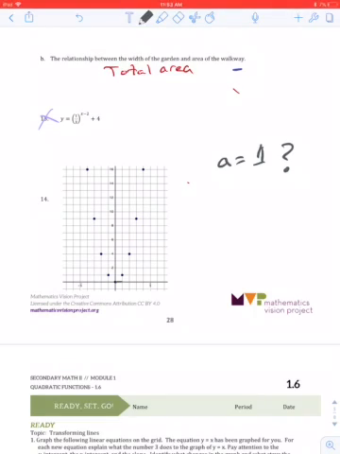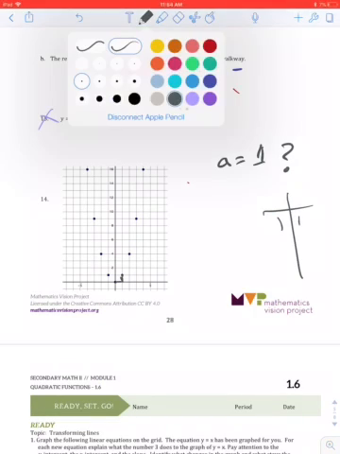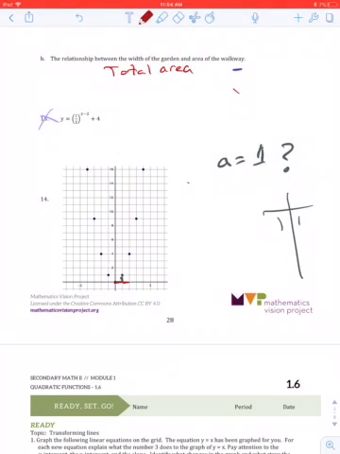To do that, I go like this, and that lines up with 1, 1, and then 2, 4, and after 2, 4, we have 3, 9, and then 4, 16. The y-intercept is 0, so this is just the parent function, y is equal to x squared.